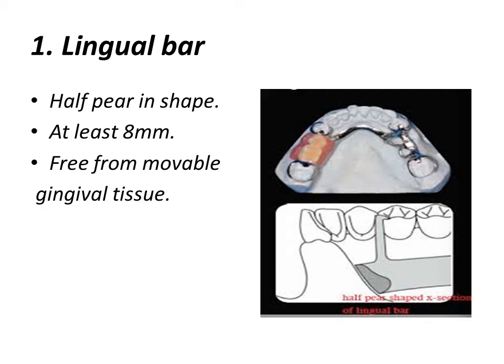As we said, the lingual bar is the most frequently used mandibular major connector because of its simplicity in design and construction. It is simple in design, فيعتبر the most widely used.